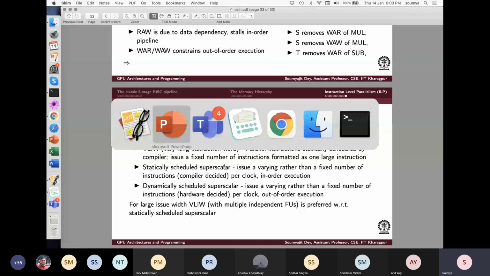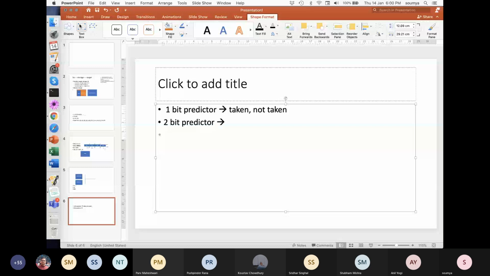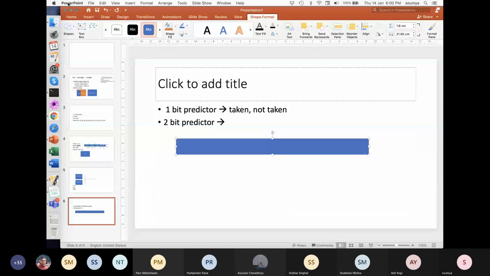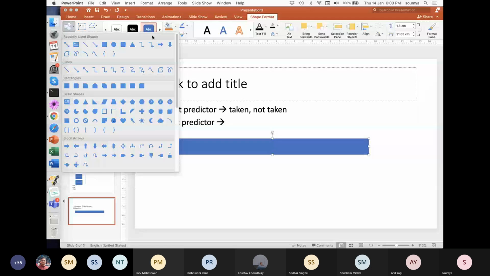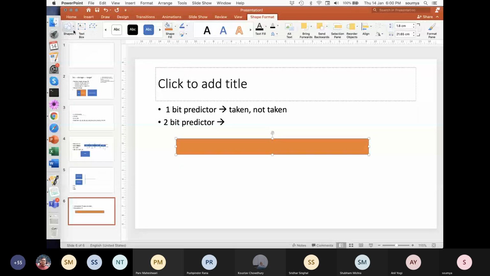So if I draw a figure here, these are issue slots, okay?